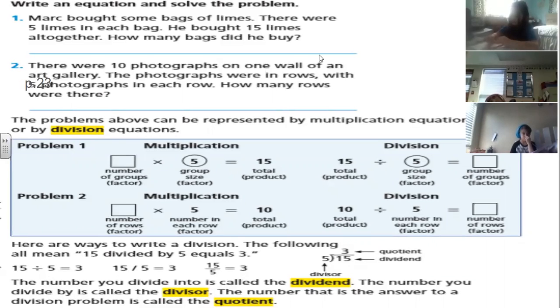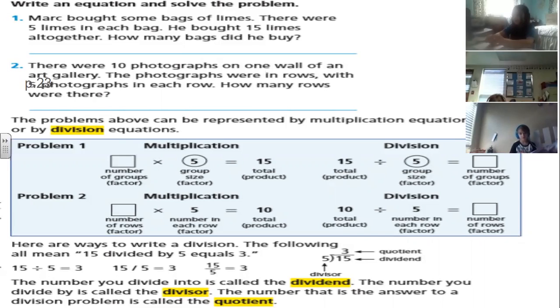He bought 15 limes altogether. How many bags did he buy? Okay, so I'm missing one. If I'm thinking about it as multiplication, I'm missing the number of groups. I can't even draw my bags because I don't know how many there are.